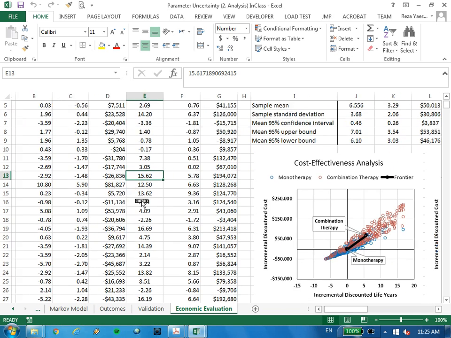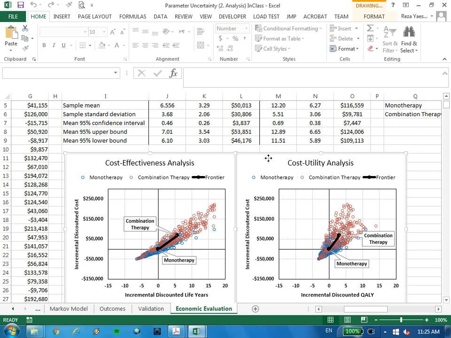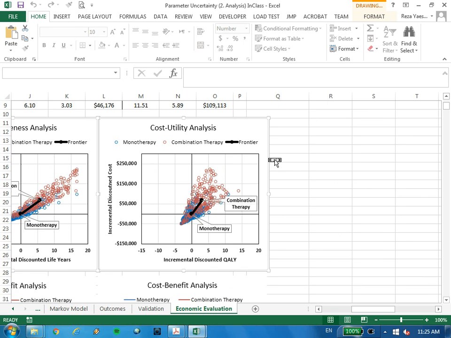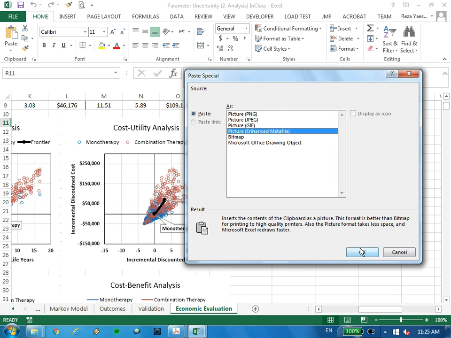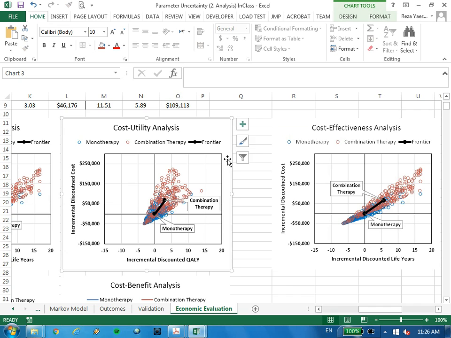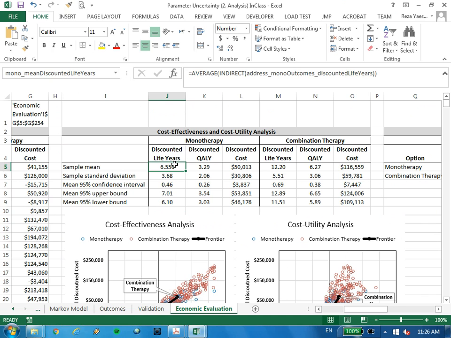Just to remember this behavior, I'm going to save these, so this is what we had before. Okay. Let's also have a look at some of these estimates. For example, discounted life years for this option is 6.5, combination of 12, and also pay attention to the confidence interval.